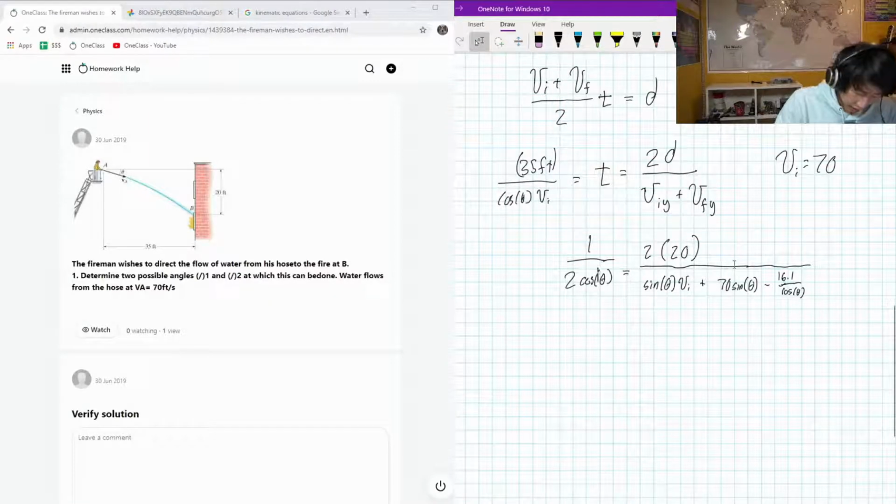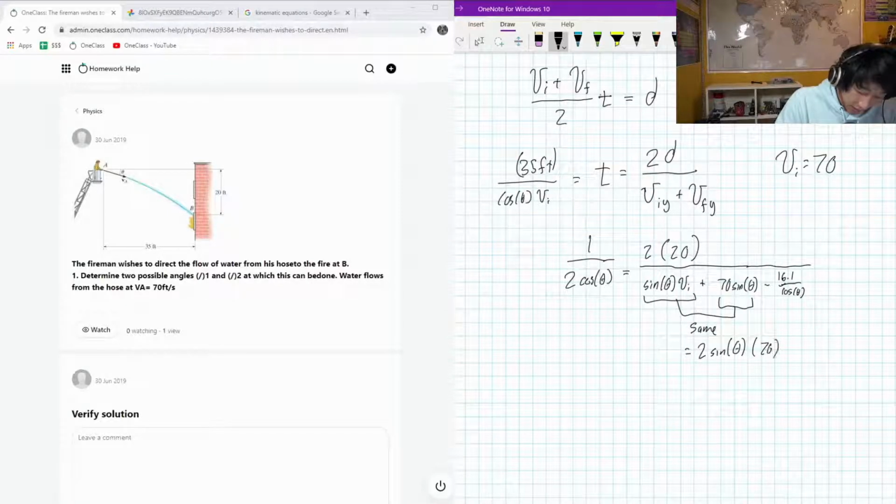So now we just need to do some math to make this a little bit easier, but you can see that here that these are the same term. So this is going to be equal to 2 sine theta times 70. And let's bring the bottom of the right side up to the top of the left side.